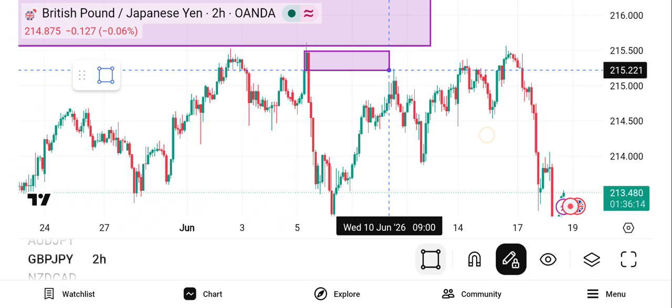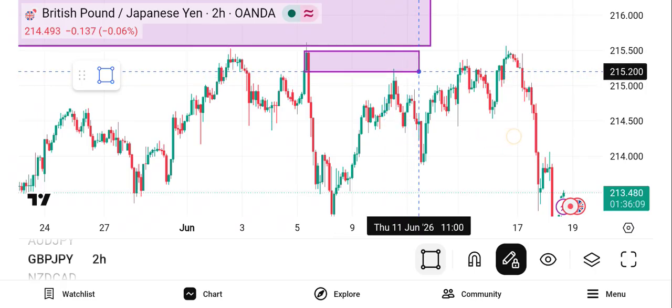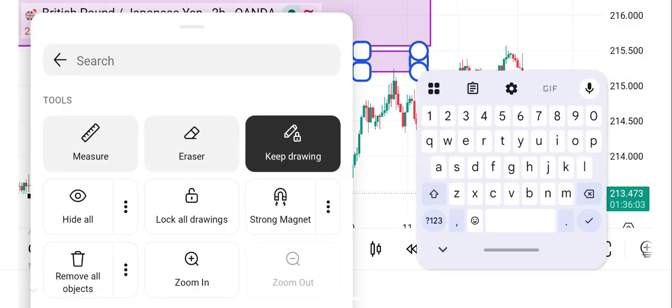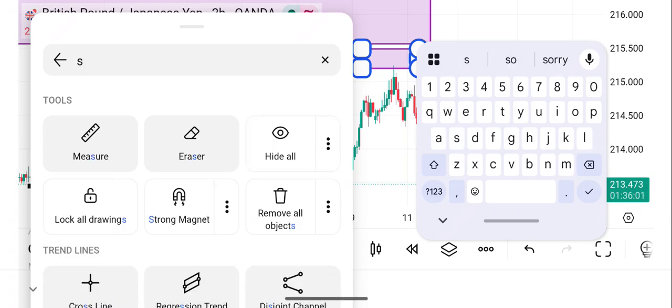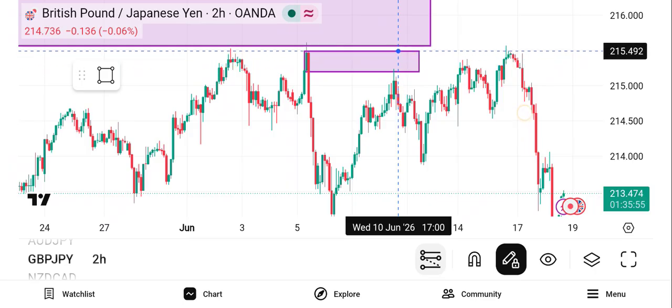So this is it. You have to mark it this way. So I mark it this way, and then take my order, take my sell. I took my sell from this order block here.